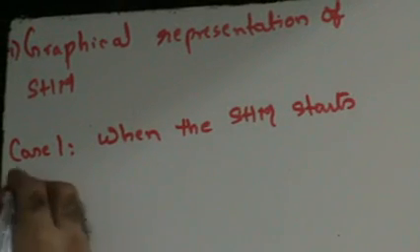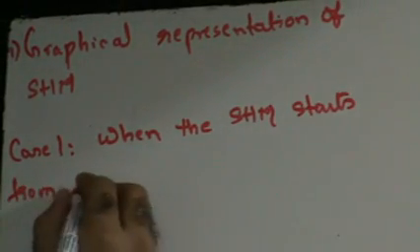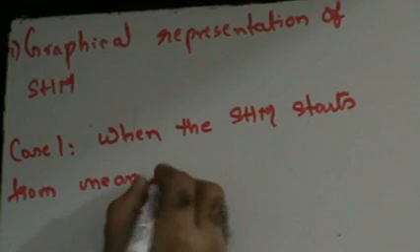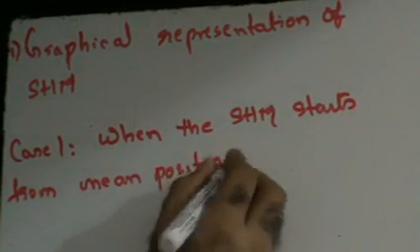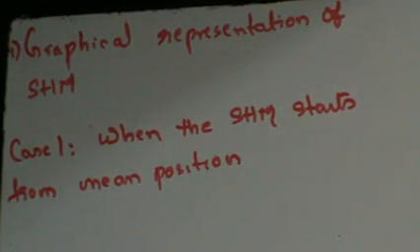Now, the three parameters that we are going to check are displacement, velocity and acceleration. Right? Case 1. When the SHM starts from mean position, the formula for displacement we have already derived.